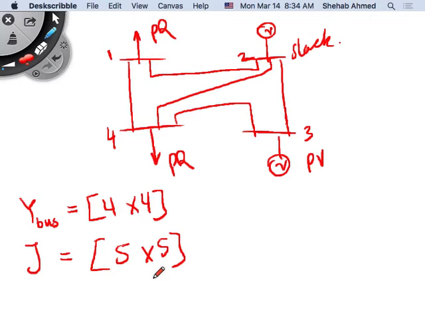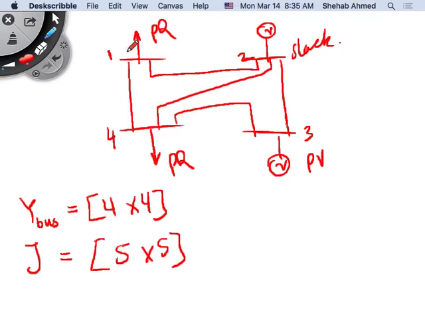Can you repeat that idea again? Yes. The Y bus is 4x4, the number of nodes. The Jacobian matrix is constructed by differentiating each real and reactive power equation at every bus with respect to the unknowns. So the size is tied to the number of equations that you can use at the various buses.